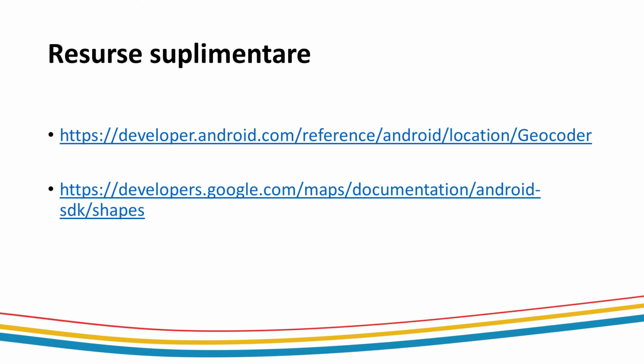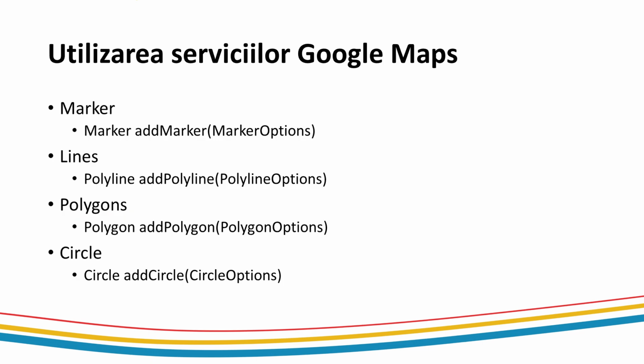Checking if the data is actually there using those methods. And then using the geocoder to turn those numbers into addresses we understand. Reverse geocoding, yeah. And finally, using Google Play services and the Maps API with an API key inside a map fragment to draw markers, lines, polygons, circles. All triggered when the map is ready in onMapReady. That covers it pretty well.